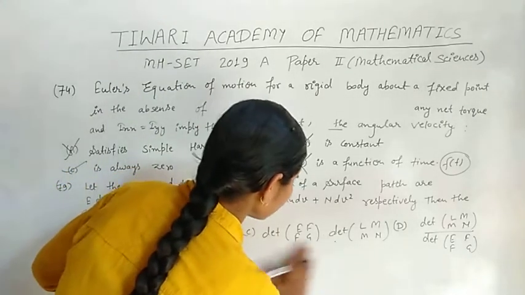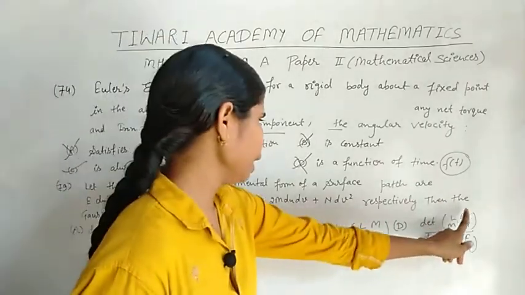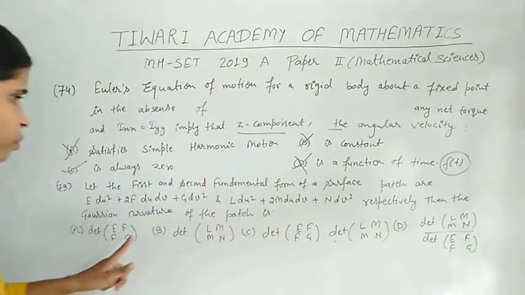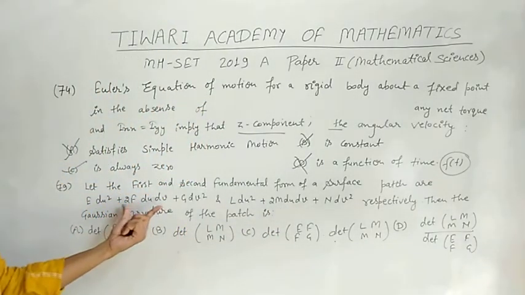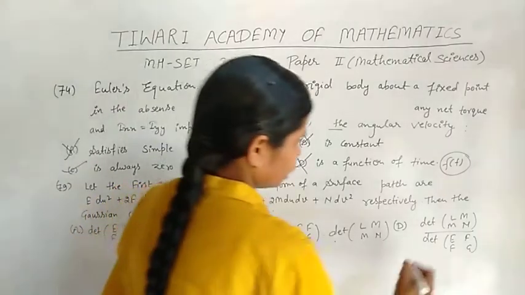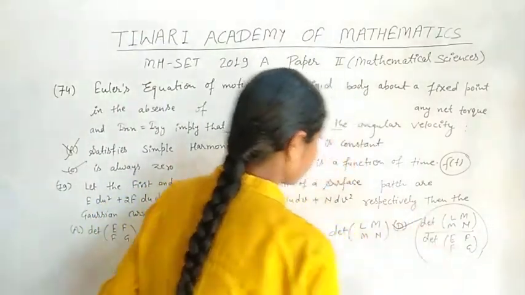So by this process, if we take determinant of this, it is L M M N, and find this determinant E F F and G, dividing this. So option D is a true option.